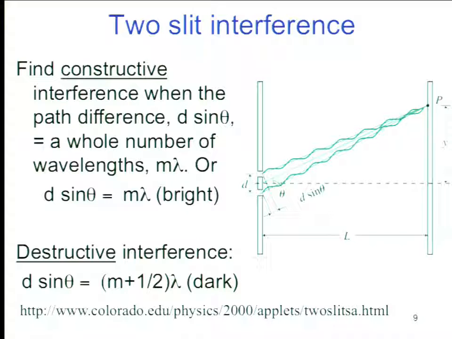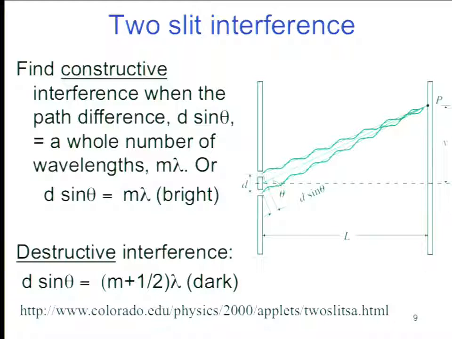But on the other hand, if your path length difference is 3, or like it's an odd number of wavelengths over 2, then you'll go back to having a minimum, because you'll have one full wavelength plus another half.